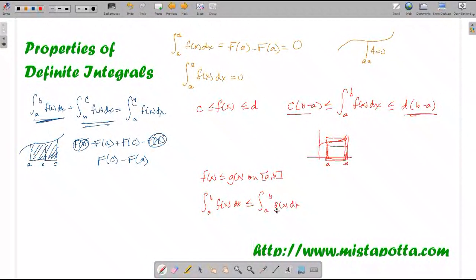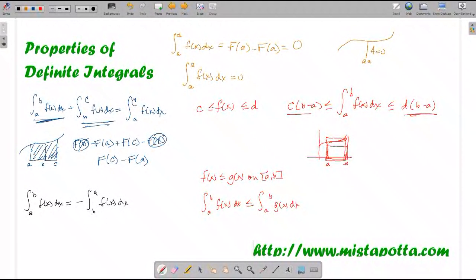But there's one other one that I want to talk about that's not as intuitive, but it's still very important to discuss. The idea that if I want to find the integral from a to b of f of x dx, this is going to be equal to the opposite of the integral from b to a of f of x dx.